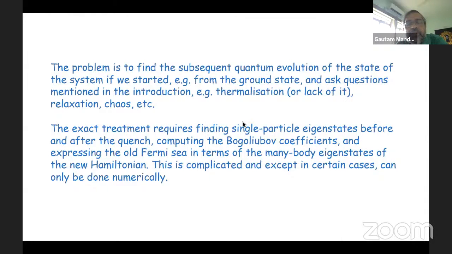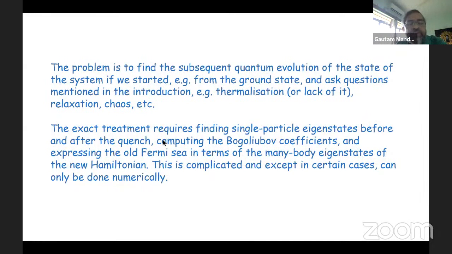Remember this is a Fermi gas, so the state is given by a many-fermion system. Before the quench, it was the ground state, the Fermi sea. And you just follow that wave function, which is like a big Slater determinant.